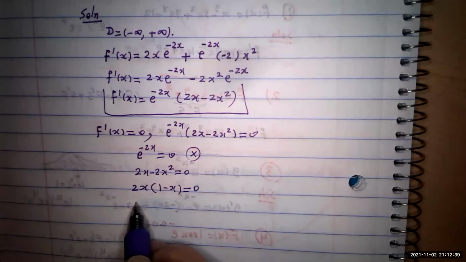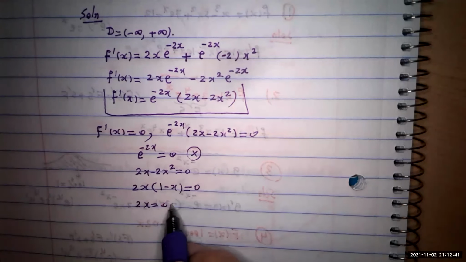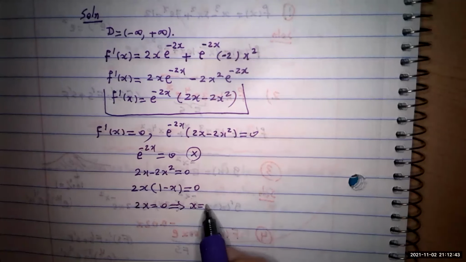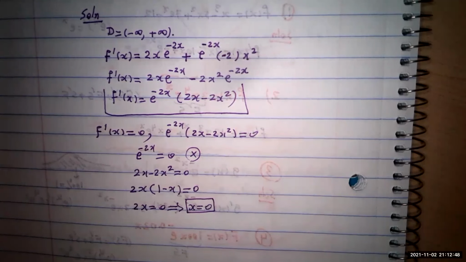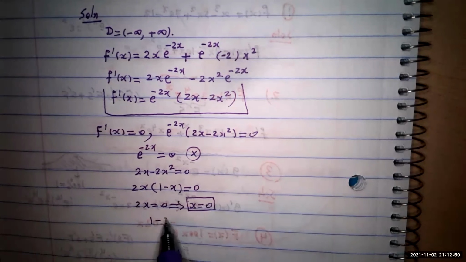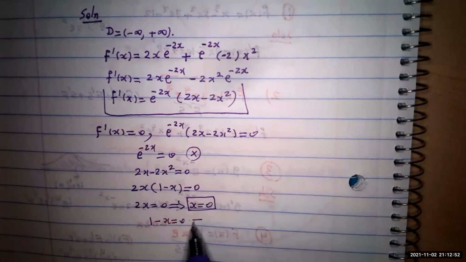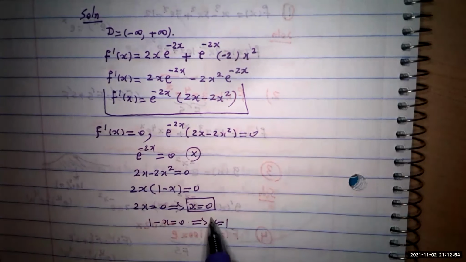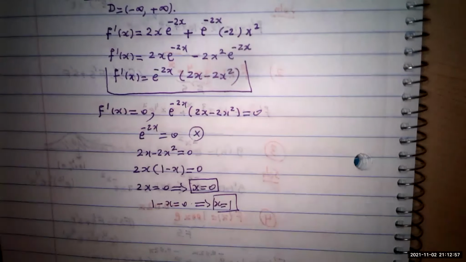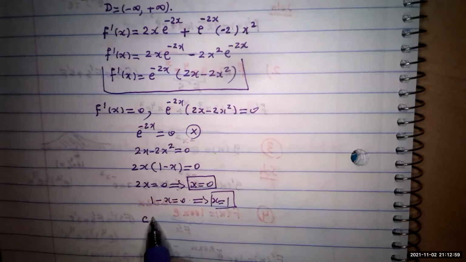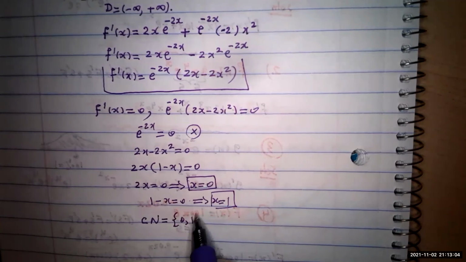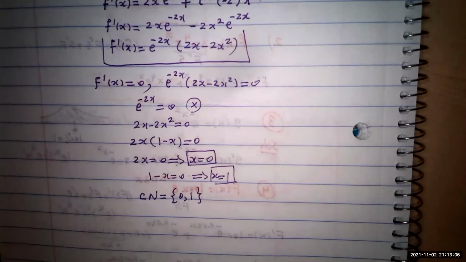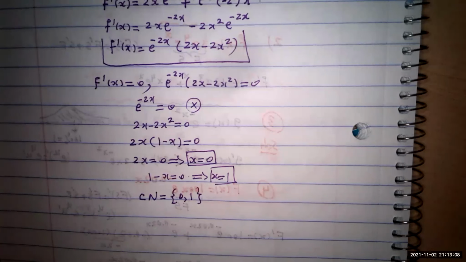Now 2x equal to 0 gives one solution: x equals 0. Then 1 minus x equal to 0 gives x equal to 1. So you are going to have two critical numbers. The critical numbers are 0 and 1. Any question?